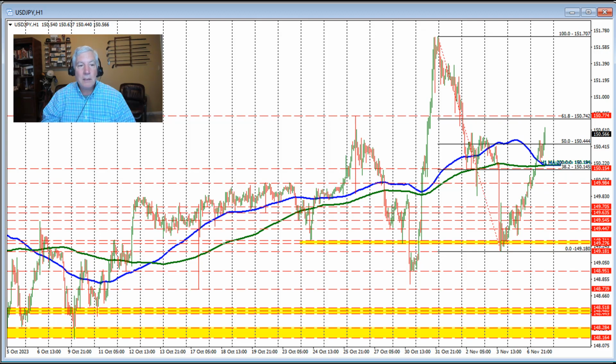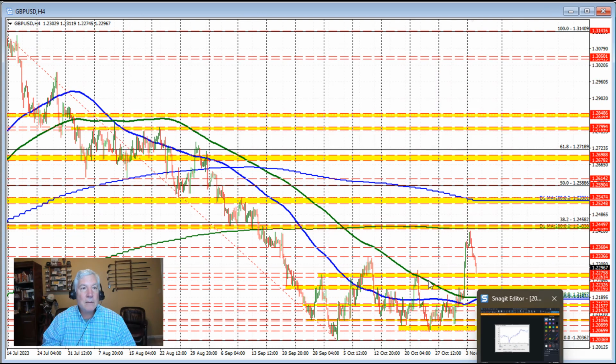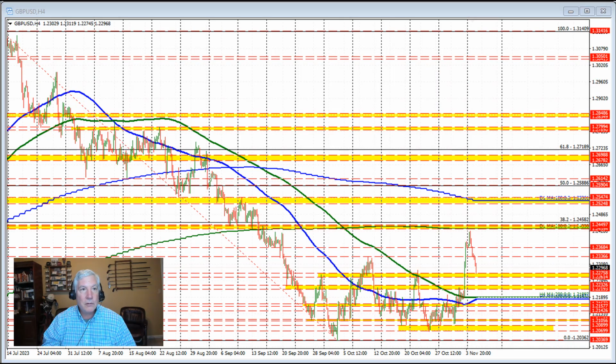All right, let's take a look at the sterling versus US dollar. We'll take a look at the 4-hour chart here. And like the euro versus US dollar, we got within some decent resistance up here, 5 or 6 or 7 pips away from the 200-day moving average in trading yesterday. That's this green overlay line right here, and we couldn't get above that level.